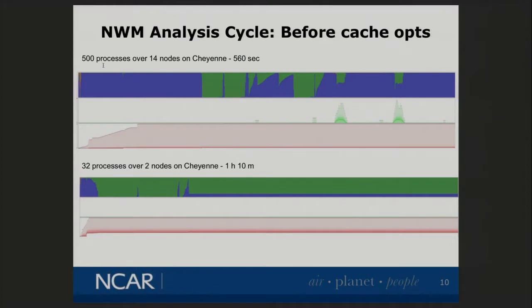So basically, on 500 processes of Cheyenne, the model can do 2 advances, which basically means it can produce 2 hours of output of water flowing in terms of simulated time. And for 32 processes, just to make sure that I was looking at the whole picture, the model couldn't even start the simulation.